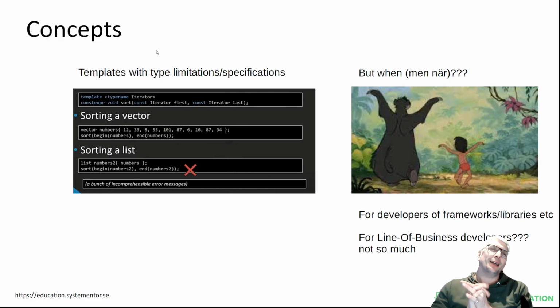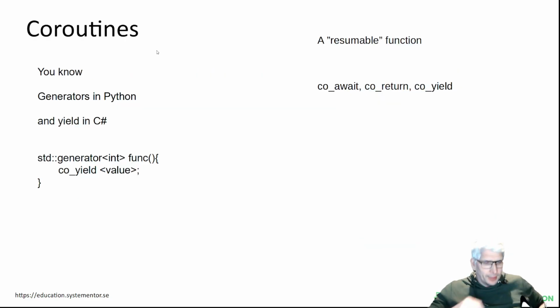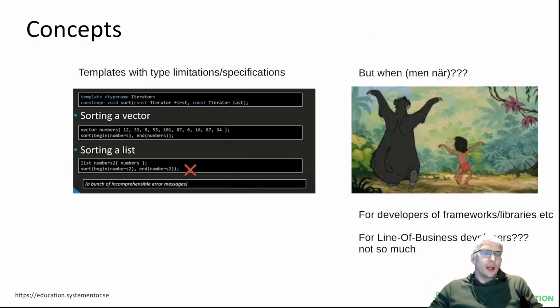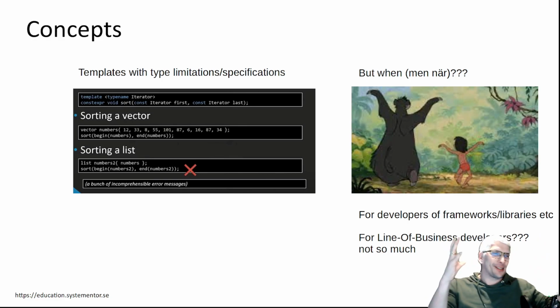It's a blessing when you are developing a framework or a library like WTL, and we will soon talk about one of the other big four, meaning ranges and views. Almost that's just a concept over the algorithms in a way.